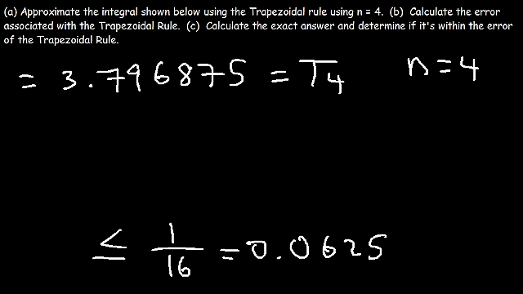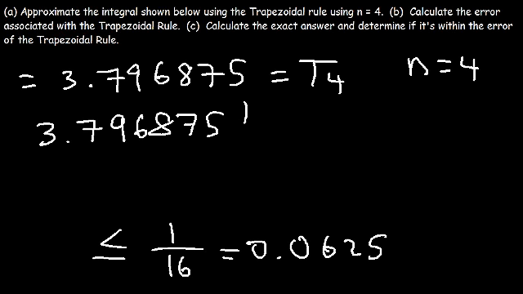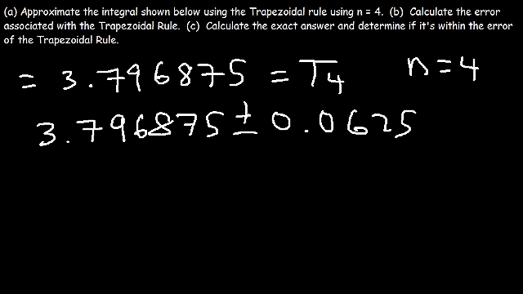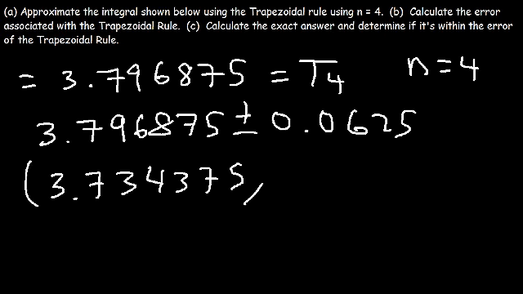So we can say that the actual answer should be somewhere between 3.796875 plus or minus 0.0625. 3.796875 minus 0.0625 is about 3.734375 on the low side.